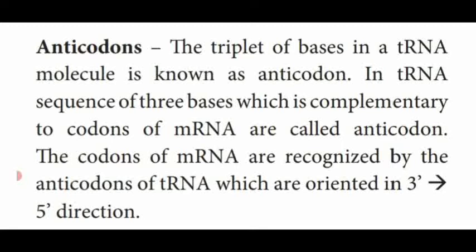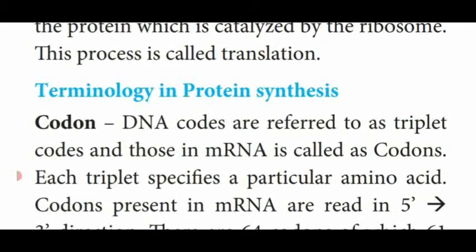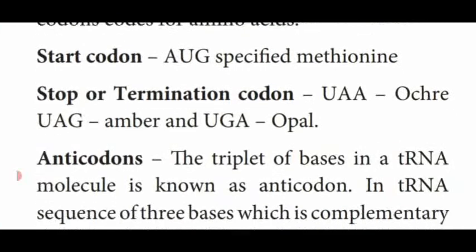So codon means the DNA codes in the form of triplet codes, which are present on the mRNA, called codons. Each triplet specifies a particular amino acid. We can read these codons on mRNA in the direction of 5 prime to 3 prime.